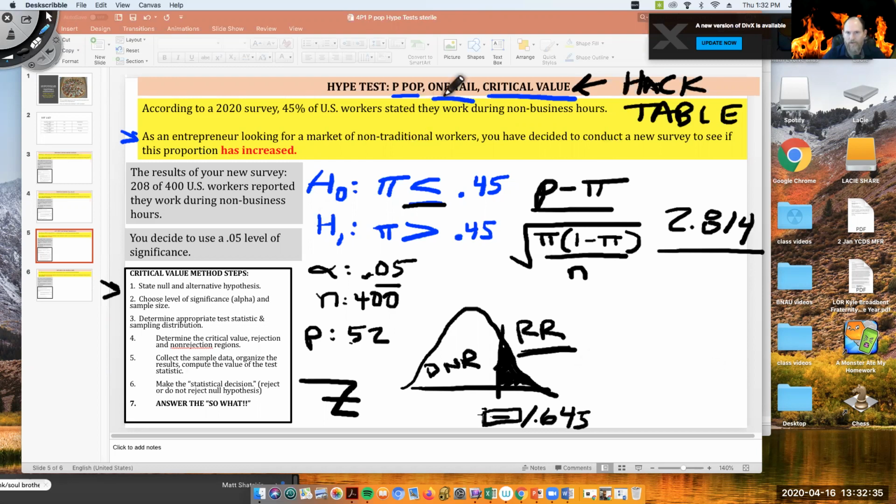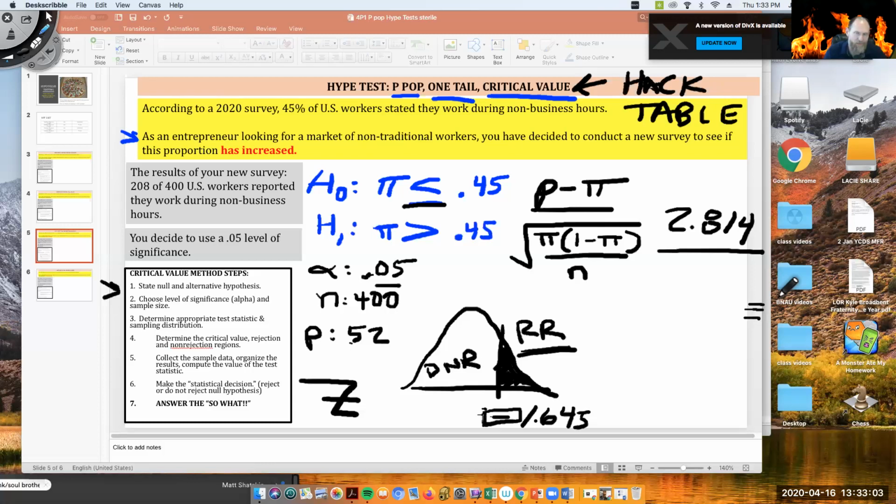I have a question about the whole thing in general. When do you know how to use critical value versus the p-value? Yeah. So the short answer is, in the real world, it's your choice. There might be some preferences in academic circles.